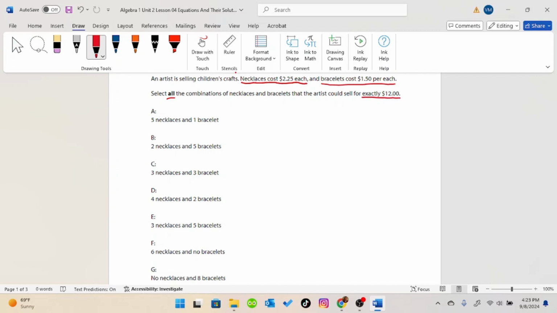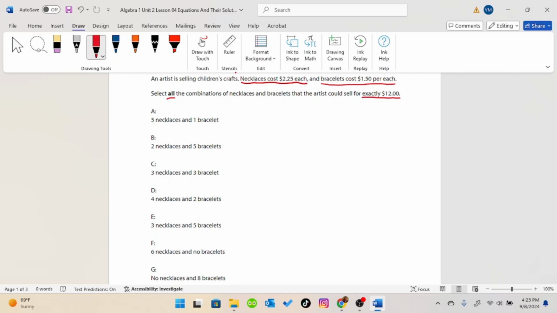So what we're going to do is check each of these. We're going to multiply the number of necklaces times $2.25. We're going to multiply the number of bracelets by $1.50. And then it will need to equal $12 exactly.